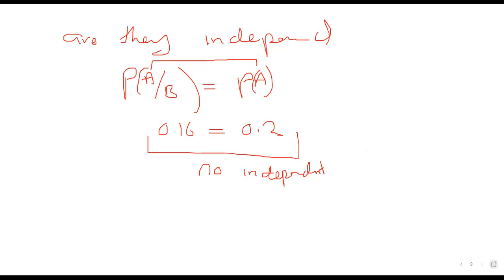You can also use a table. Suppose you're given probability of A as 0.4 and probability of D given A is 0.10.